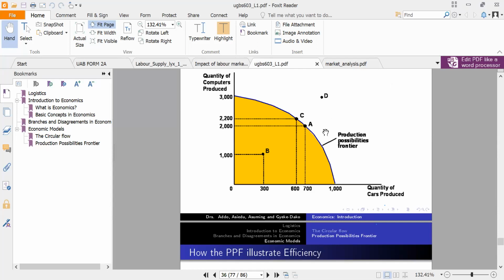If you have improved technologies for producing computers but not for cars, then it will tilt toward computers. Here the car side will be pivoted, so you have a higher ability to produce computers than cars. But if the technology is not product specific and is good for both products, then it will shift the PPF outward.